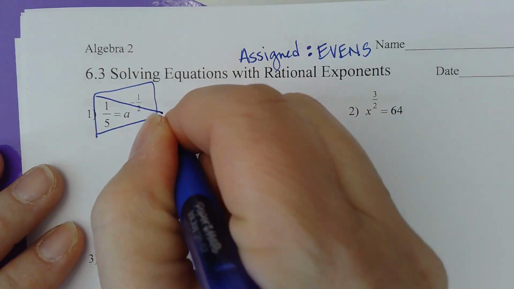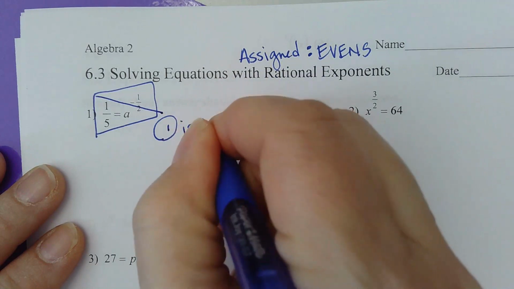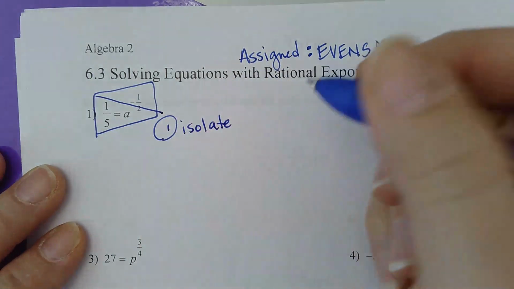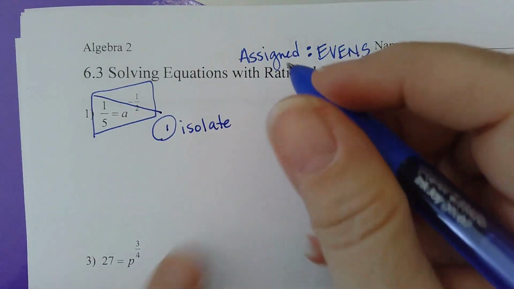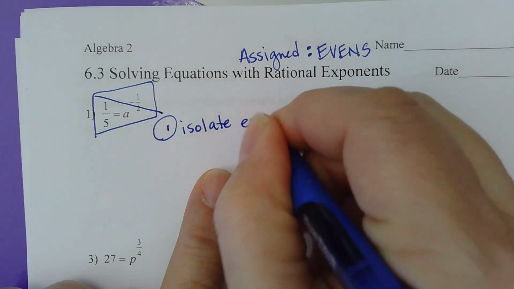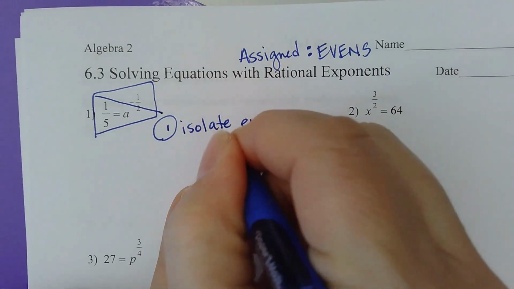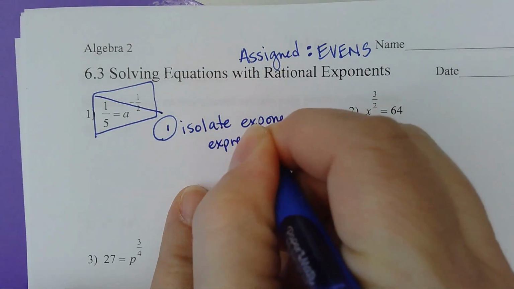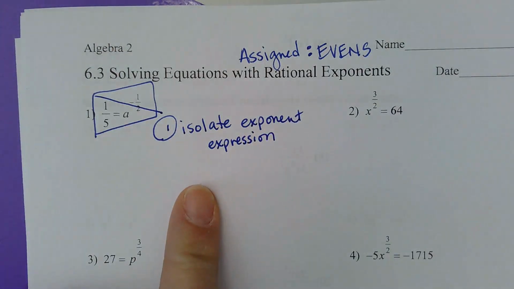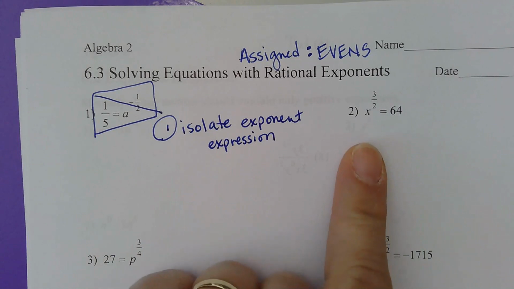And that is, first, isolate the part that has the exponent. So I'm writing isolate exponent expression. It may be a variable with an exponent and no parentheses, like how this looks at number 2.